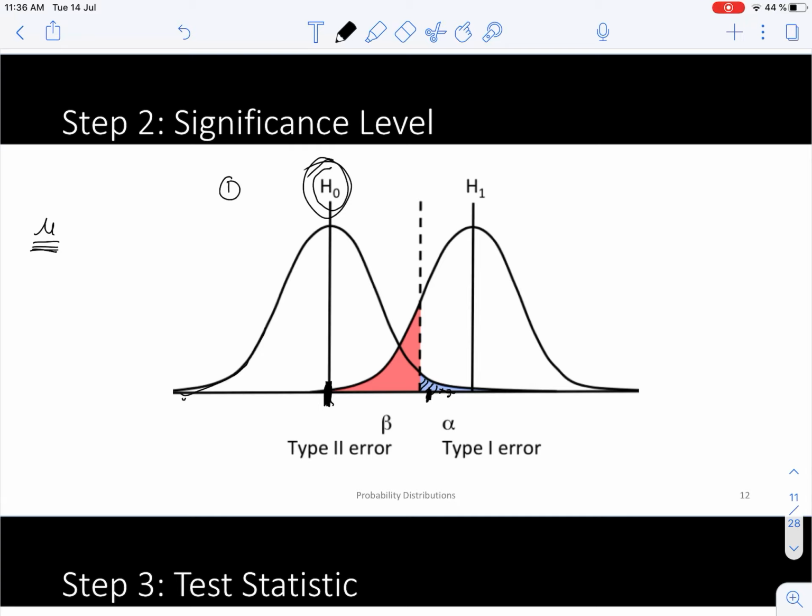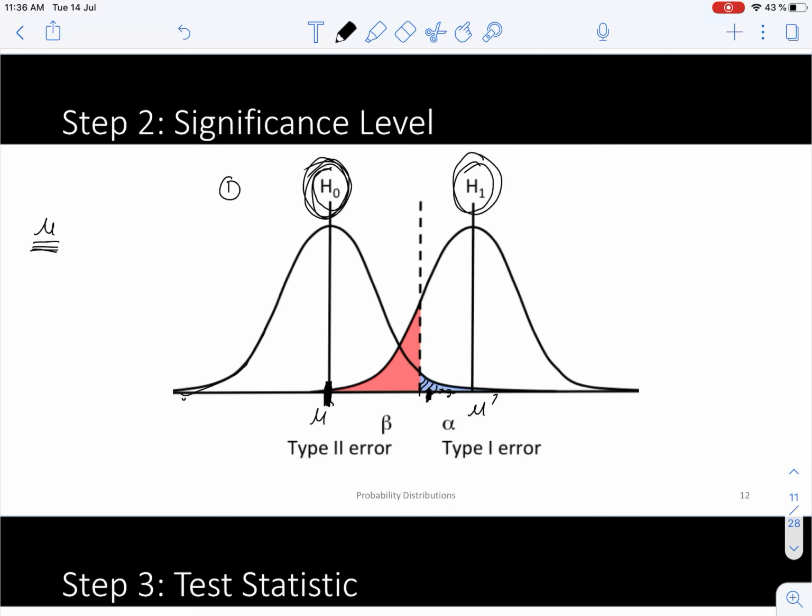Now, when the null hypothesis is not true, let's say that the mean value has shifted, so now what is true is the alternative hypothesis, and of course you don't know that. Then if we do not reject the null hypothesis, even though it has changed, that's what we call the type 2 error.